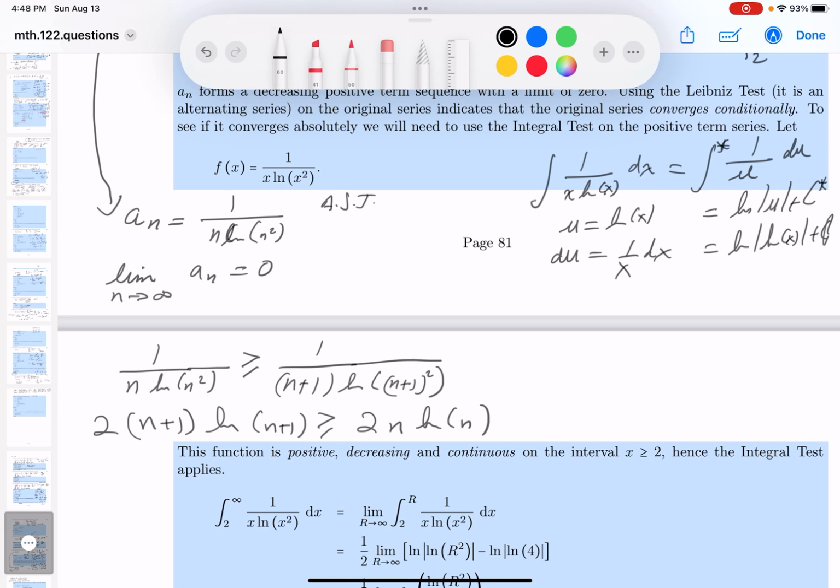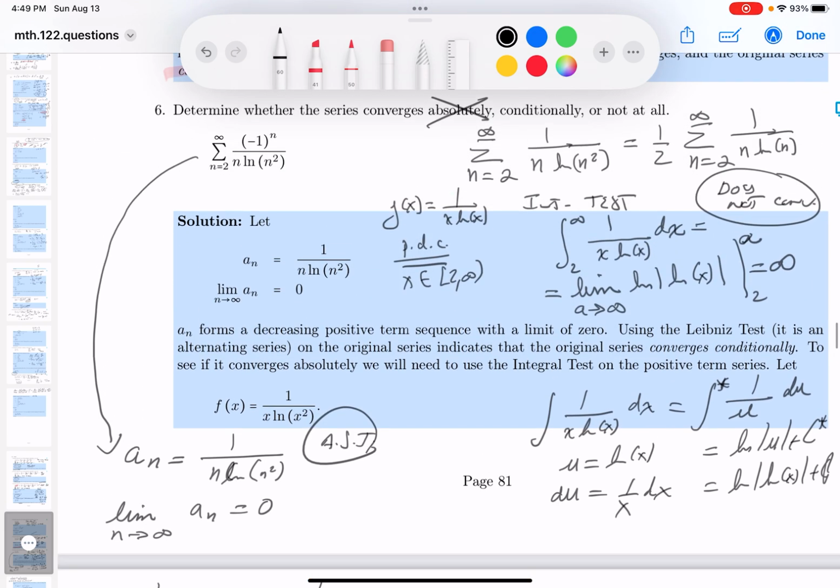Now, granted, at this point it's fairly obvious that the left side is greater than or equal to the right side. How do I know that? Well, n plus 1 in both is bigger than n in both cases. So this is okay. So what do I know about the AST? I can now state that this series is conditionally convergent, not absolutely.